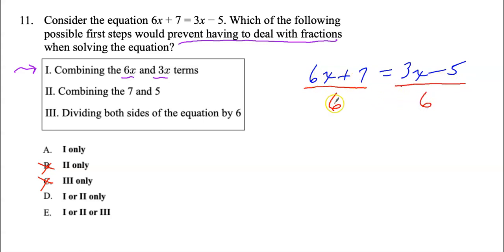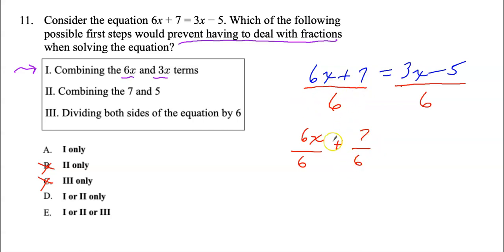And look, I'm going to get a fraction right here. Because watch how I break this up. You can rewrite this as 6x over 6 plus 7 over 6. It's the distributive property. What I did is just said 6x divided by 6 and 7 divided by 6.